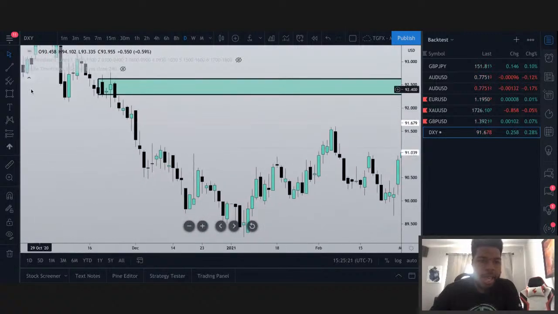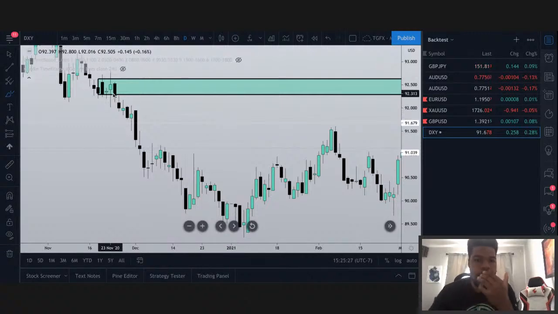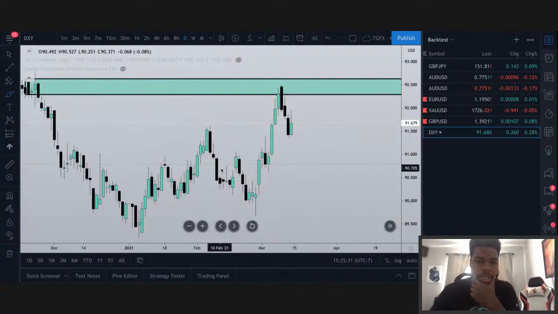And look what happened after we left that level of equilibrium, a huge drop. And price left rapidly. It did not go slowly. It went very quickly. So when price reaches that level again, you could potentially expect price to do something very similar, fall very hard from it.